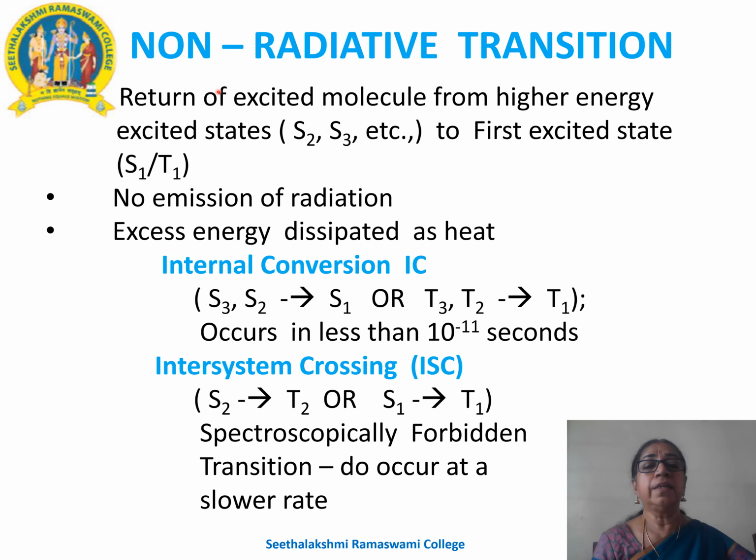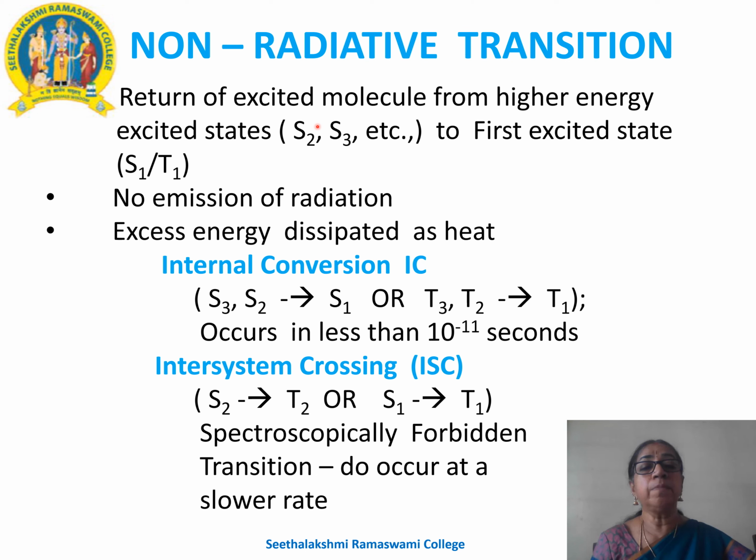Here, the return process occurs from higher energy excited states, that is S2, S3, S4, etc. to the first excited state, namely S1 or T1. During this return travel, there is no emission of radiation. The excess energy is dissipated only in the form of heat.